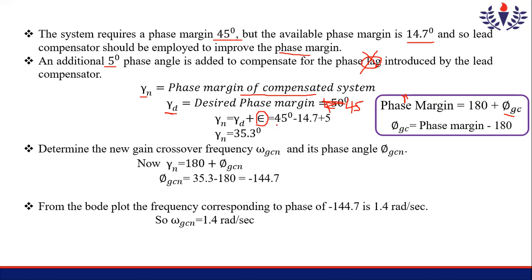Gamma n is equal to gamma d plus epsilon. The desired phase margin is 45, and 14.7 is the actual phase margin we found from the uncompensated system, plus 5.